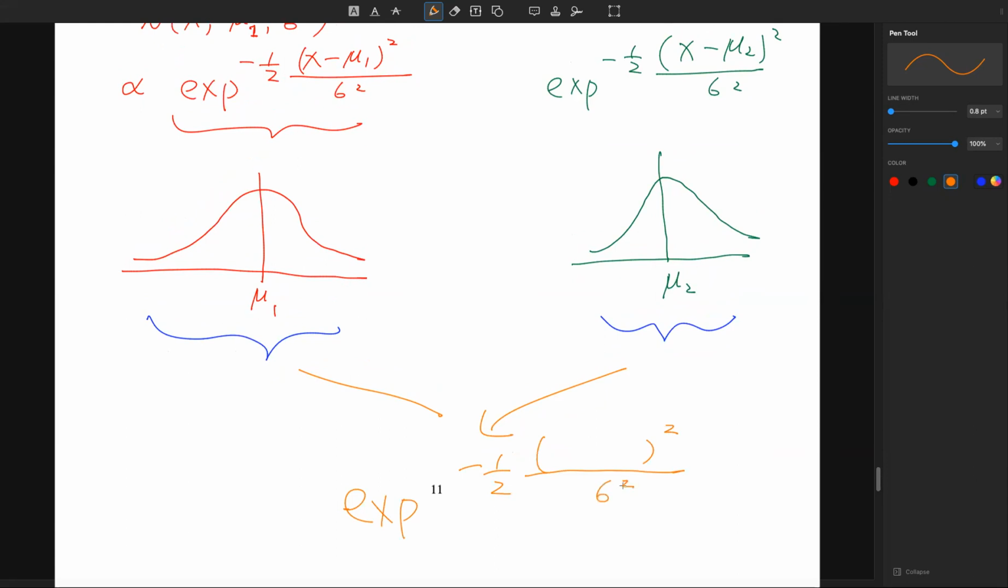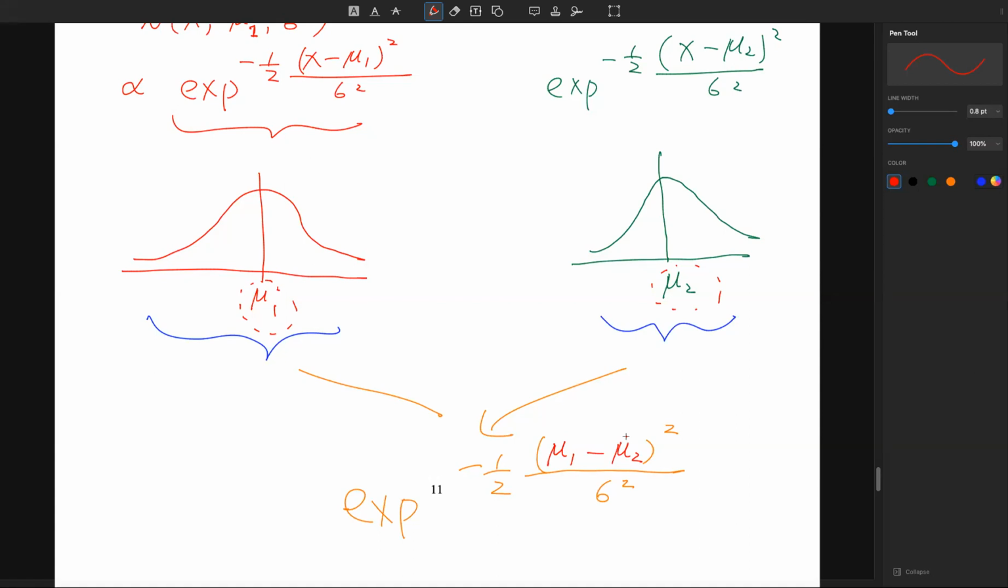The only thing that's different is that the similarity between these two functions is measured in terms of their parameters, mu1 and mu2. So I put mu1 in here, and mu2 in here. Is that okay? There you go. That's the introduction of RKHS for undergraduate students.